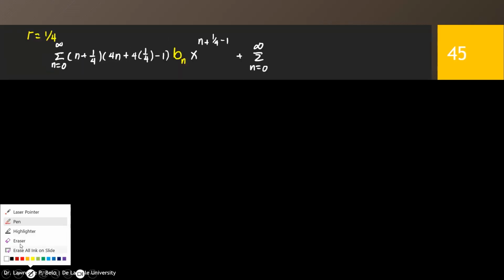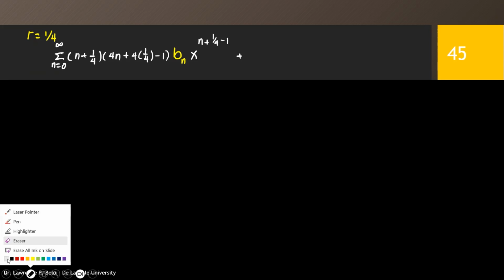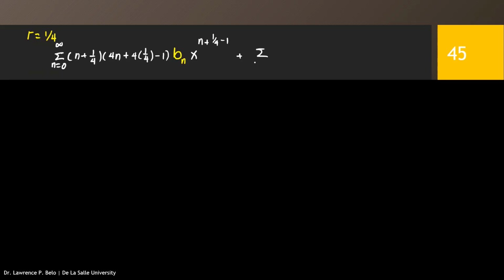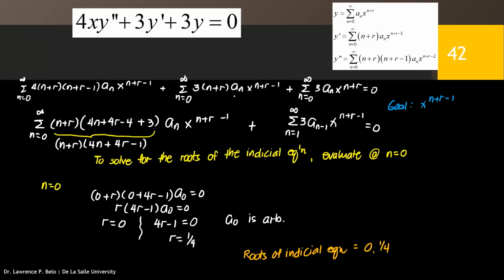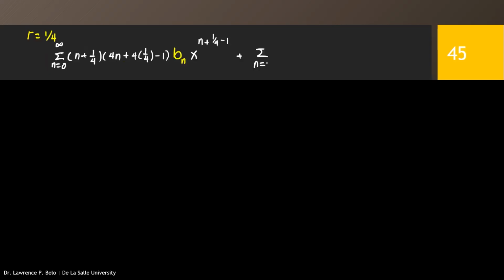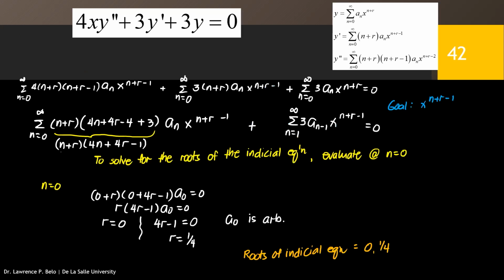I think it's n equals 1, plus the summation from n equals, let's refer to this, 1 to infinity of 3a sub n minus 1 x to the n plus r minus 1.